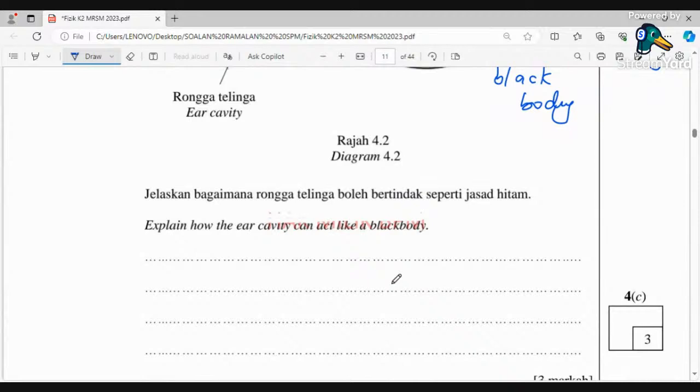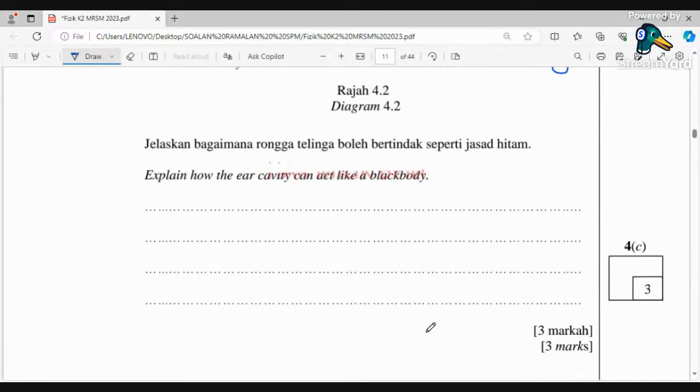Okay, explain how the ear cavity can act like a black body. Well, how many marks you get? 3 marks. Okay, 3 marks, you must add in 3 points.